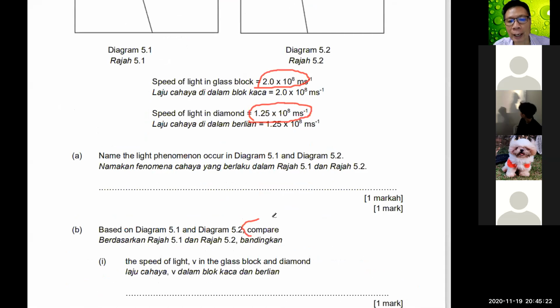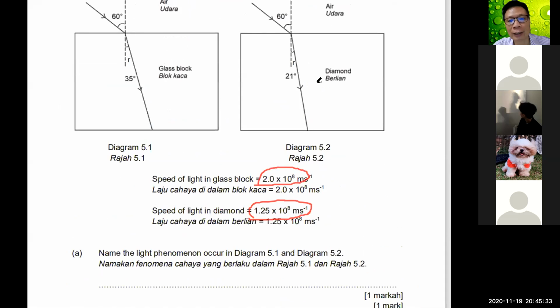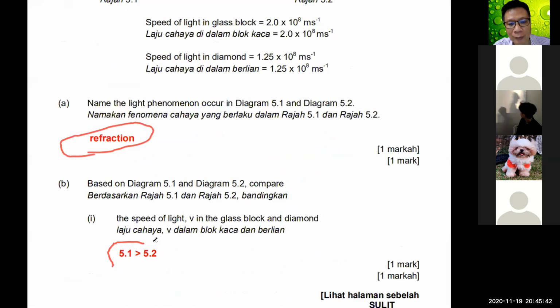Compare. They ask you to compare the speed. The speed actually is already here. In the glass block, the speed is higher than here. So you say 5.1 bigger than 5.2 the speed. But don't write like this, class. You write in a sentence: speed of light in diagram 5.1 is bigger than 5.2.